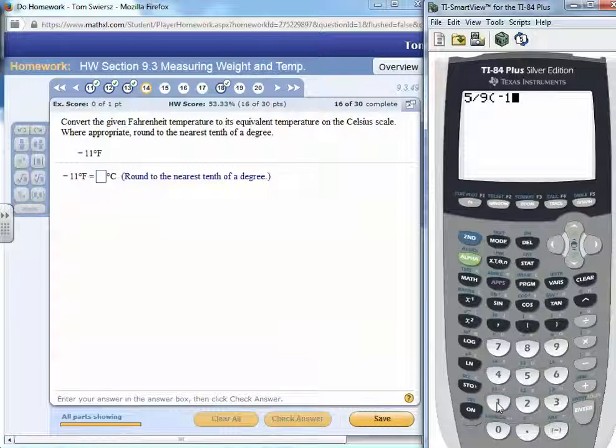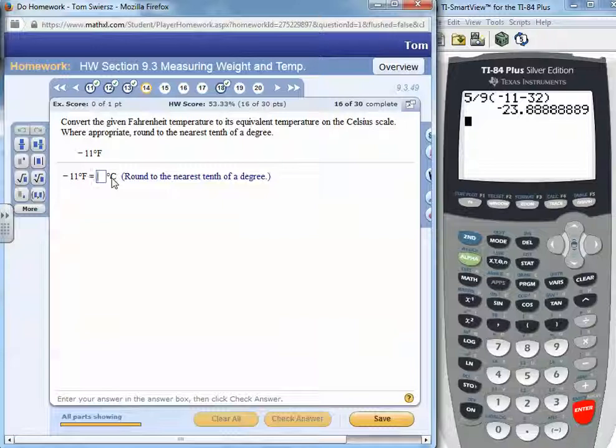Remember, the negative is below the 3. Minus 32, and there's our complete formula. Hit enter, and we get negative 23.88. There's an 8 in the second decimal, so you add 1 to the 8 in the tenths, and it would be negative 23.9 to the nearest tenth.